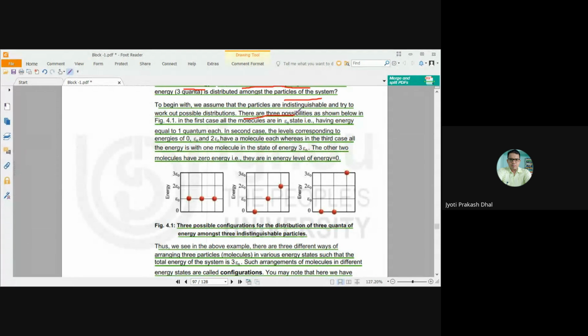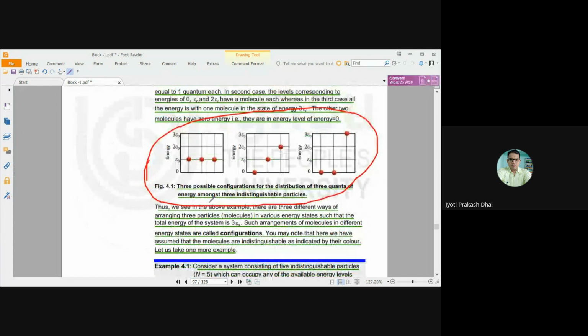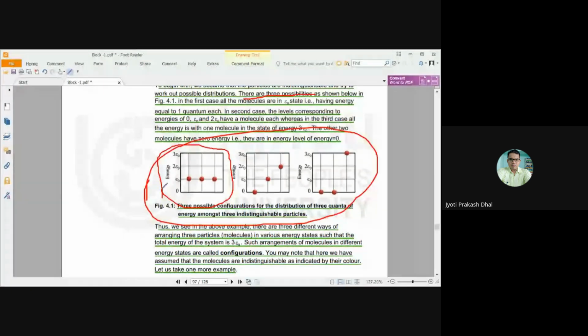There are three possibilities as shown in the figure. The total energy should be 3 quanta. These are the energy levels of individual particles: the ground state 0, then epsilon 0, 2 epsilon 0, 3 epsilon 0, and so on.